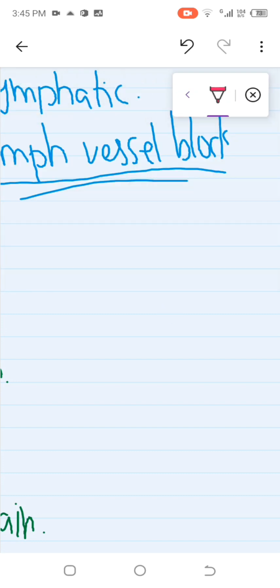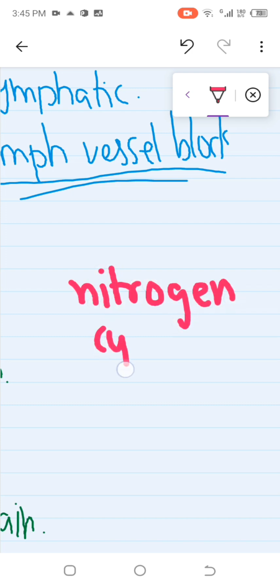Now some importance of nematoda: they are helpful in the nitrogen cycle and in regulating the decomposition of organic matter.